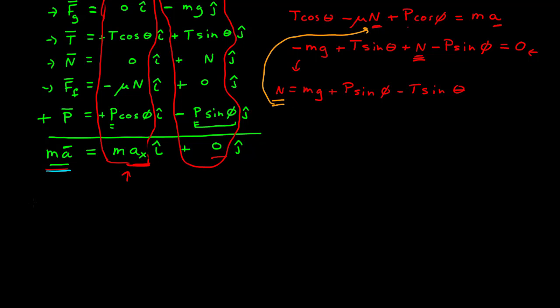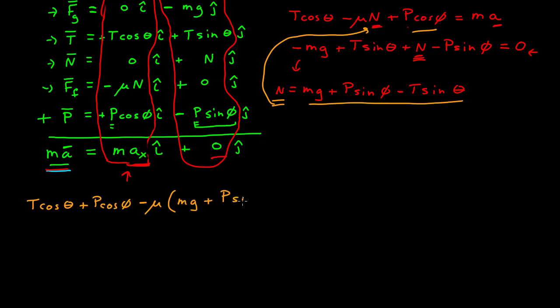So I have T cosine of theta, and I'm just going to add my second term here, P cosine of phi, and so this is minus mu times N, which I have here, which is mg plus the push force sine of phi minus the tension sine of theta, and that whole combination is equal to the mass of the object times the acceleration.